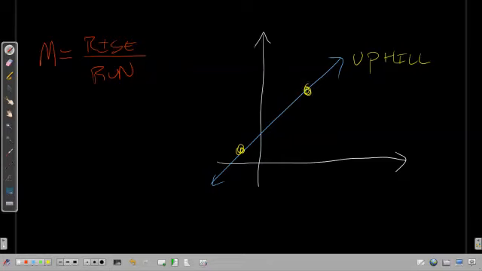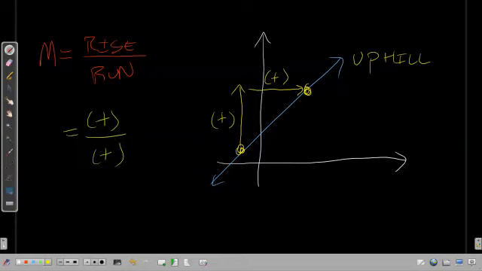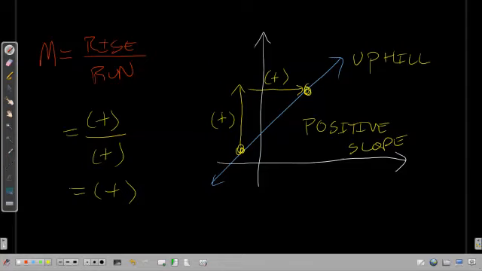If I'm looking at this point and then this point, I would have to rise, I would have to run. This is positive, this is positive. So you'd have a positive over a positive. That's a positive number. This has positive slope. And those are the four cases.